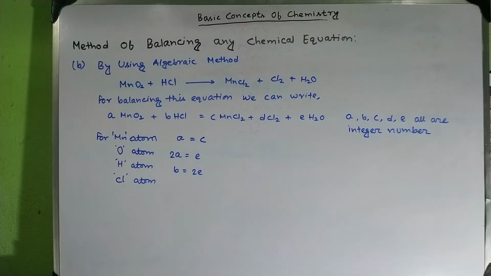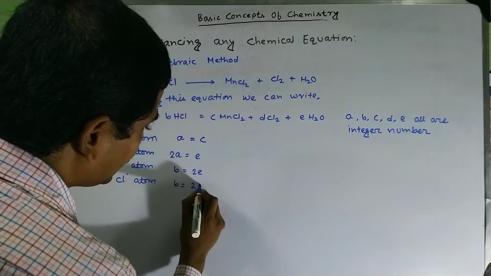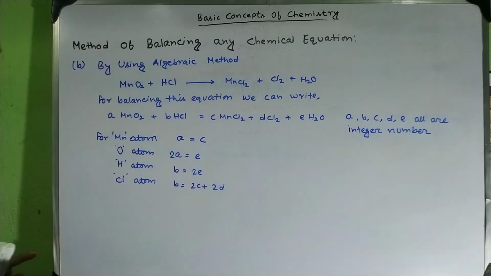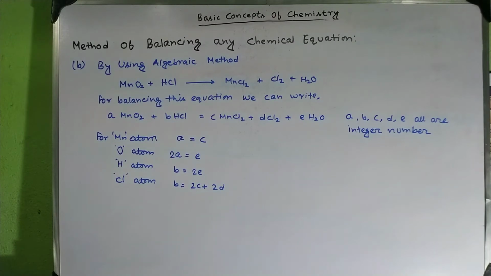B equal to 2C plus 2D. Okay, now we use these equations to solve or to get the value of A, B, C, D and E.